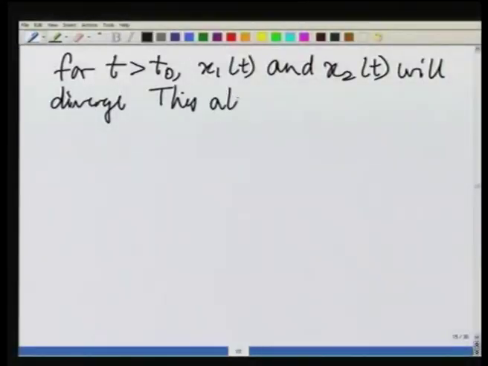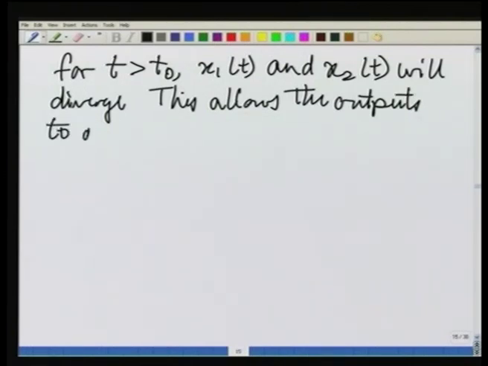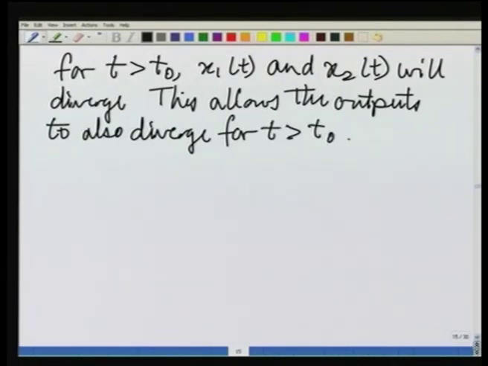This allows the outputs to also diverge for t greater than t naught. This is the property of causality.